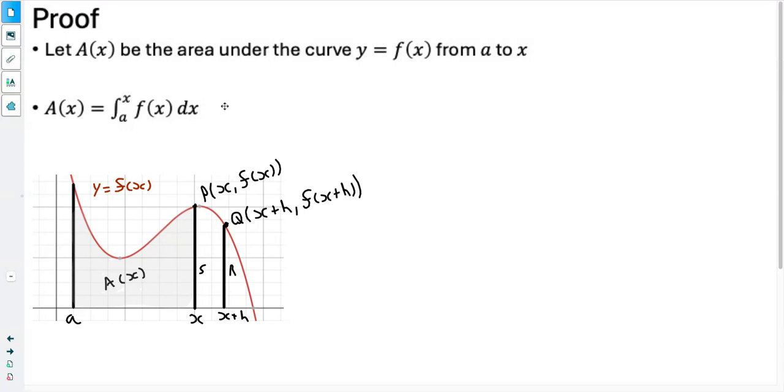Now, if we take this theorem, or this formula, we can rewrite this as A of a is equal to the integral from a to a of f of x dx.